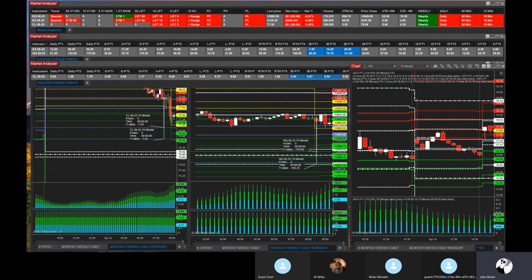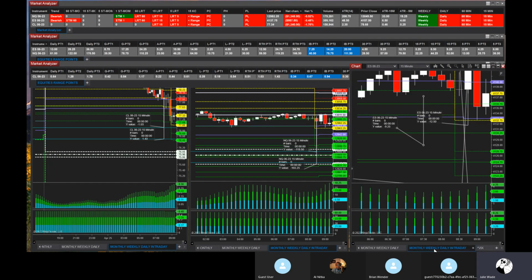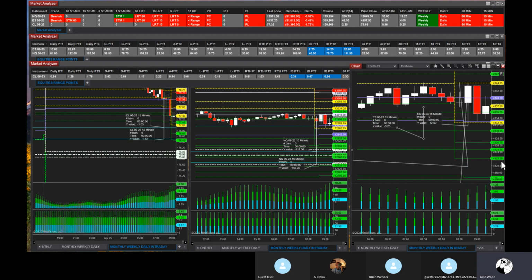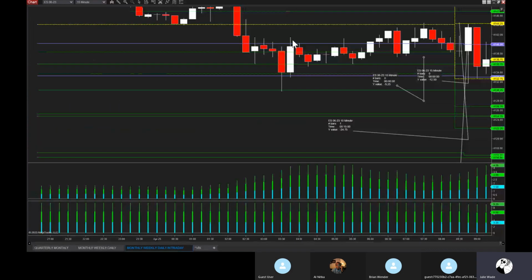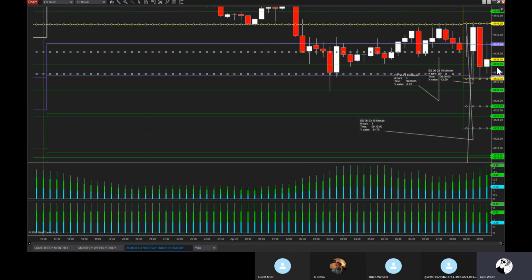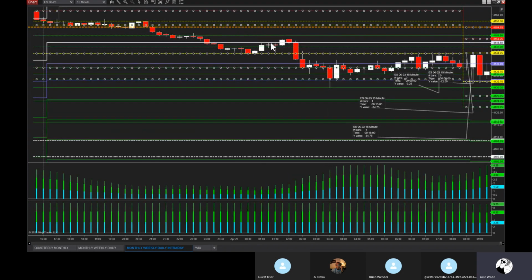How to use them to gain entry? Well, darling, it depends on what you want to do. There's so many ways. You use them as support resistance. You can do all kinds of things. Usually, just like any other support resistance, you can see here that it was support, and then they broke the support.